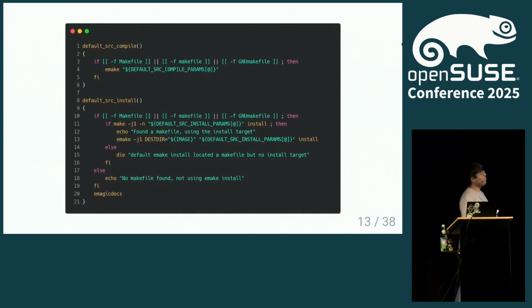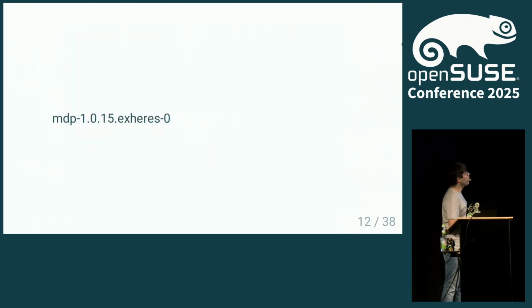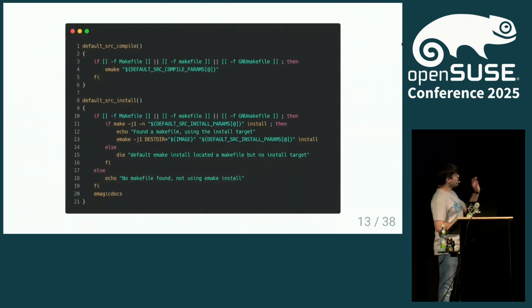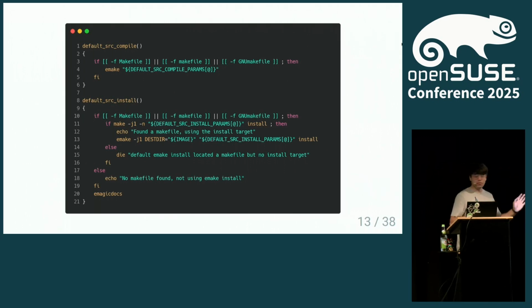And these are the default phases that I was speaking about. So we have the compile phase, which by default is calling make with the default params. See here that it is called emake instead of make, because emake is a wrapper around make. With this approach, instead of using macros to avoid duplication, they use bash functions.